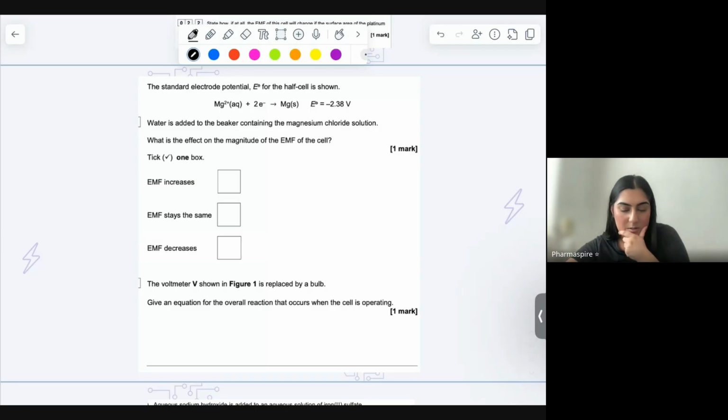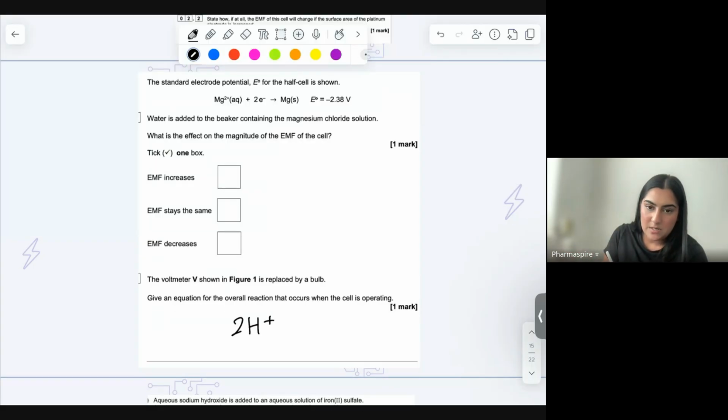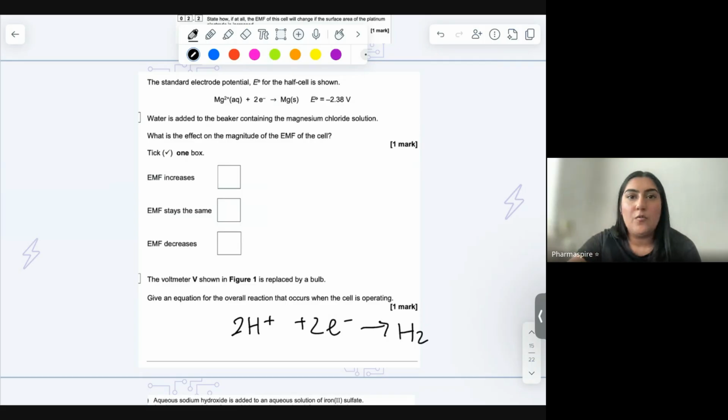No, actually, we've got standard electrode potential, so we could probably use hydrogen. With hydrogen, you just need to give something that will reduce it. So typically you'll give 2H+ + 2e- gives you H2, and then you can give the overall equation by balancing your electrons. That is pretty much the same, right?